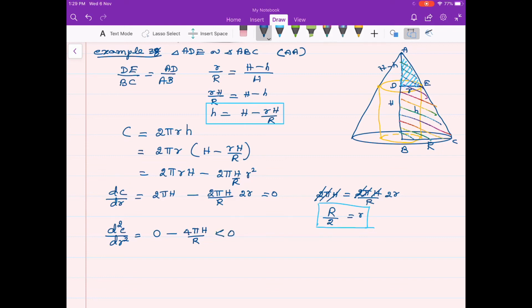Therefore, it is negative. C is maximized when r is equal to R divided by 2.